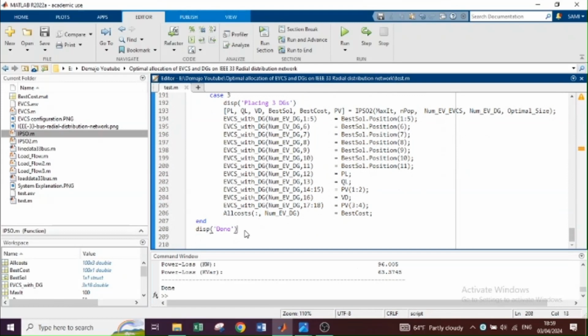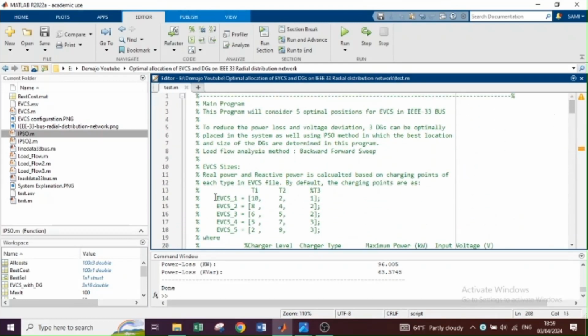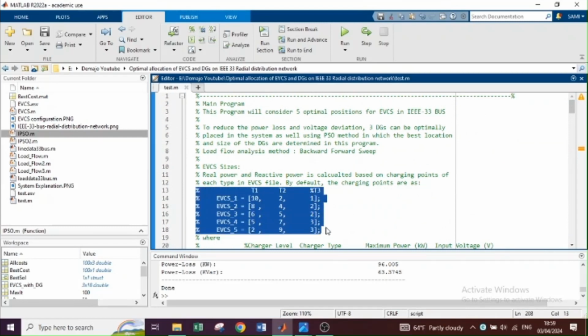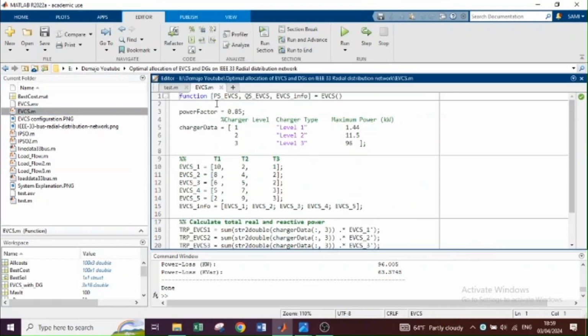So this is the end of the 4 tests that we had. For the EV charging station configuration, you can go ahead and consider any different number of charging points you want. You can even change the number of charging points you have.